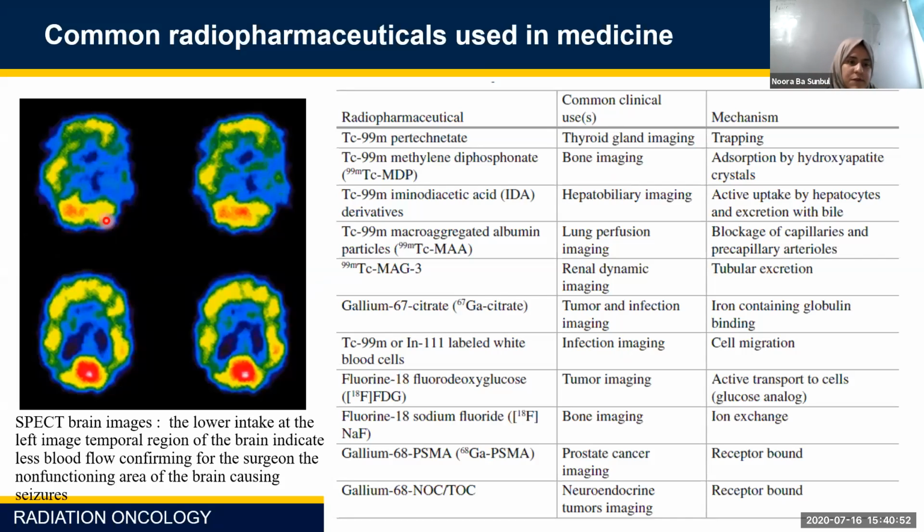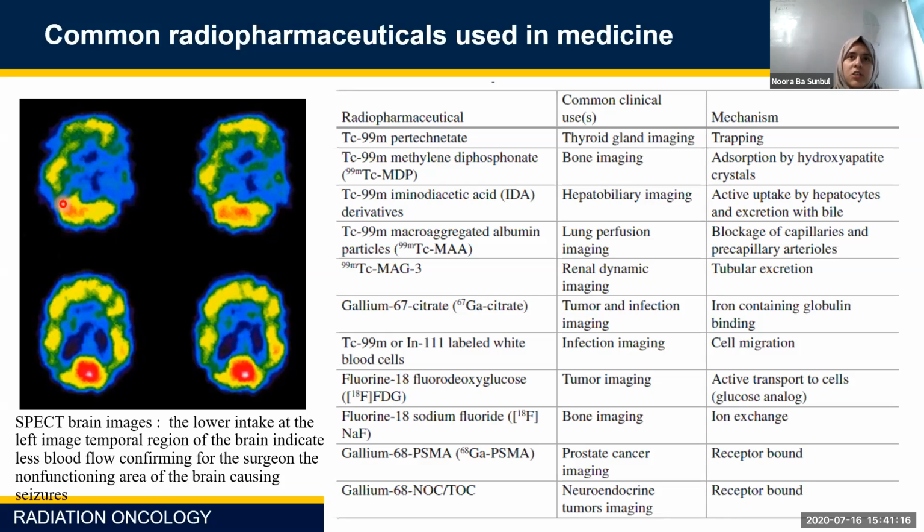This figure shows a brain image based on technetium-99m, and as you can see, the uptake in this region is a bit lower than the other one, and that gives an indication that there is less intake by the brain at that specific region.